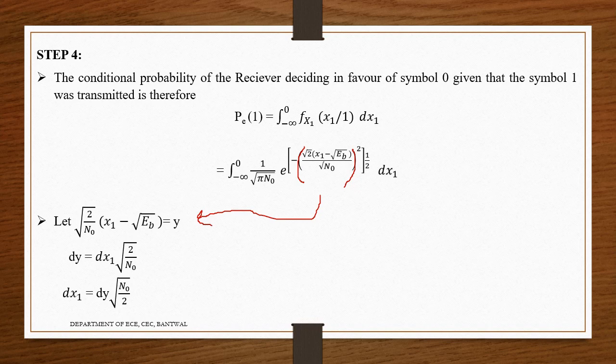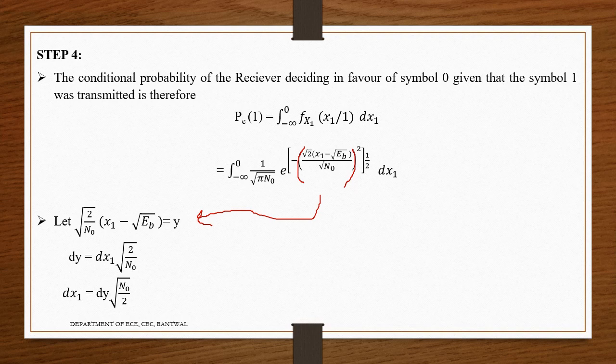So square root of 2 divided by n naught into x1 minus square root of EB is equal to y. When I differentiate, dy is equal to square root of 2 divided by n naught into dx1, minus 0, because this is a constant.